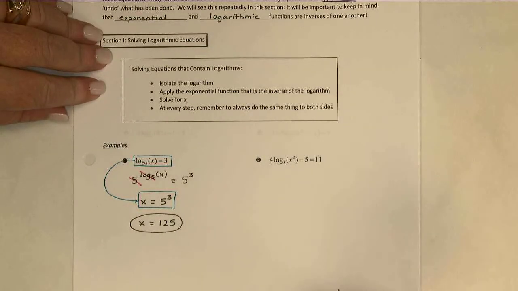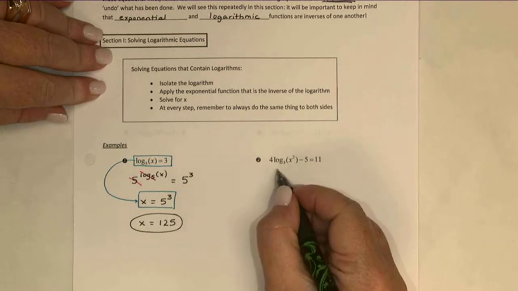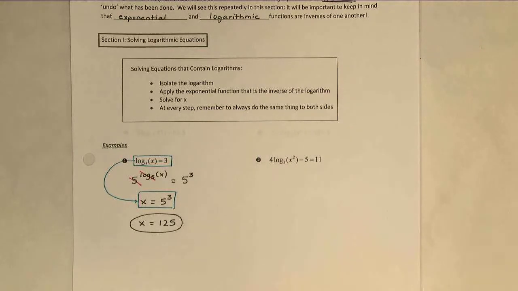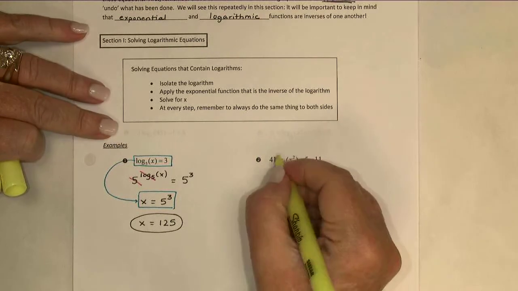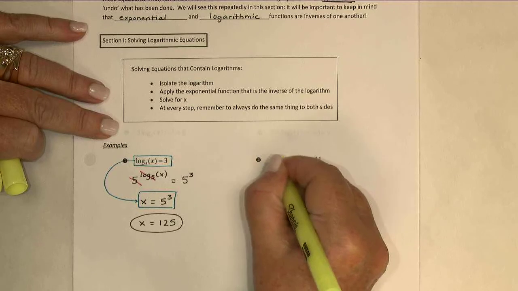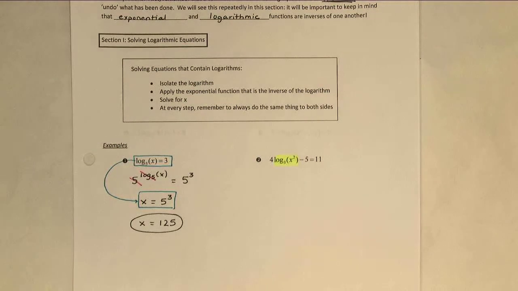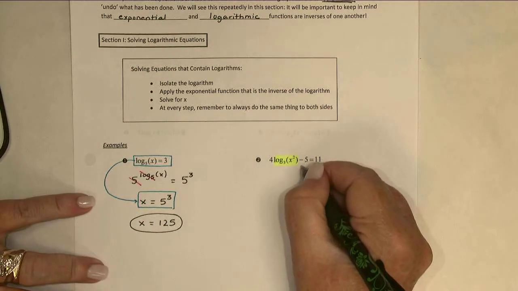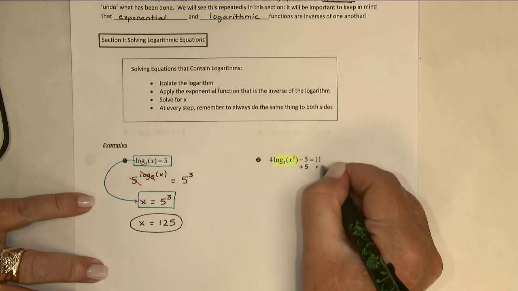Let's look at number 2. Here, our logarithm function is definitely not isolated. The logarithm function consists of the log base 3 of the argument x squared. So I want to get that by itself. In order to do that, I'll have to add the 5, first of all.